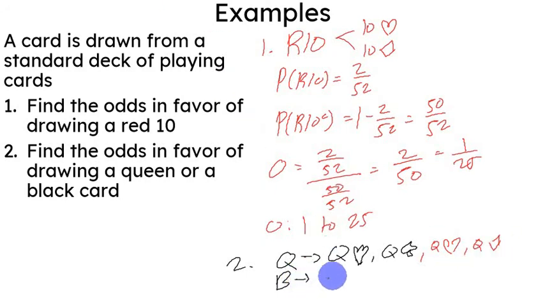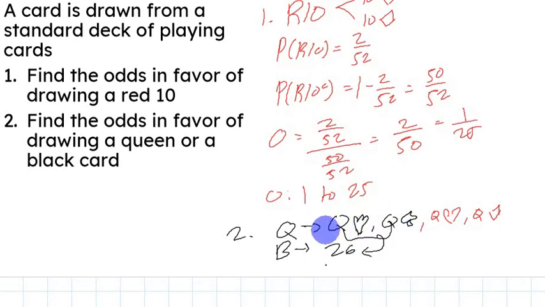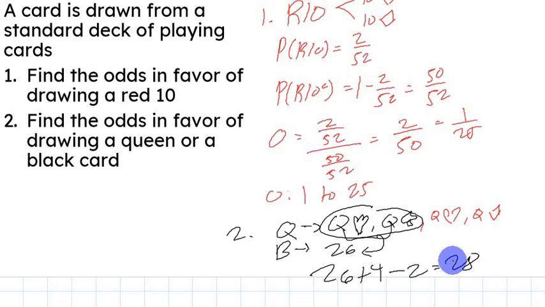And for black, we know that there are 26 black cards because the clubs and the spades are black, and there are 13 in each suit, so 13 times 2 is 26. We know as well that two of these queens also belong to that 26. So the total count would be 26 plus these 4 minus these 2, which is an example of the inclusion-exclusion principle. So we're only going to have 28. This is the cardinality of the event that we need.